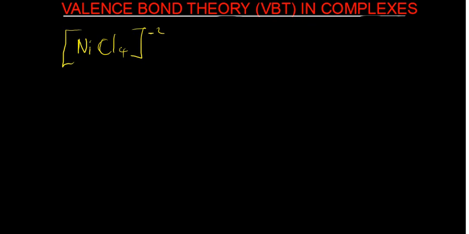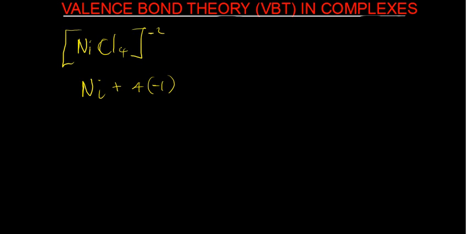So the first thing, if we want to use the valence bond theory to determine the reaction which occurred, is we need to determine the oxidation state for our nickel. So we've got nickel, which is reacting with 4 chlorines. Okay, now each chlorine has got an oxidation number of -1, because chlorine can gain 1 electron.